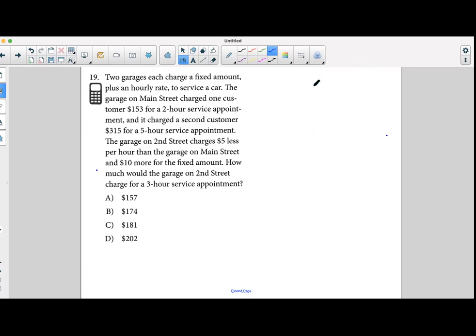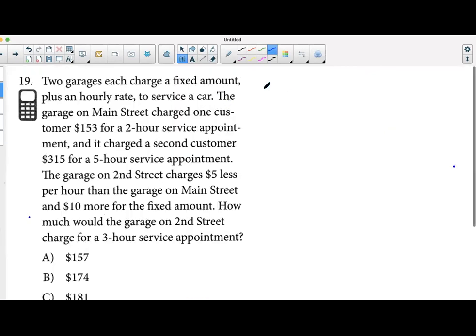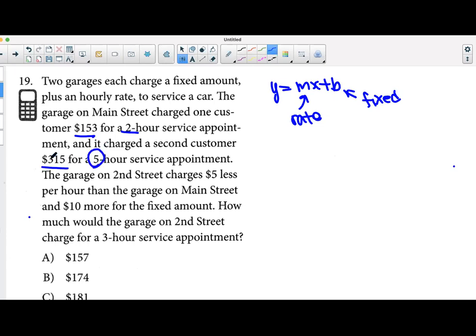So basically, what they're telling me is that they are both y equals mx plus b, and obviously b is the fixed amount, and m is the hourly rate. And then one of them is 2 hours get you this much, another one is 5 hours get you this much.